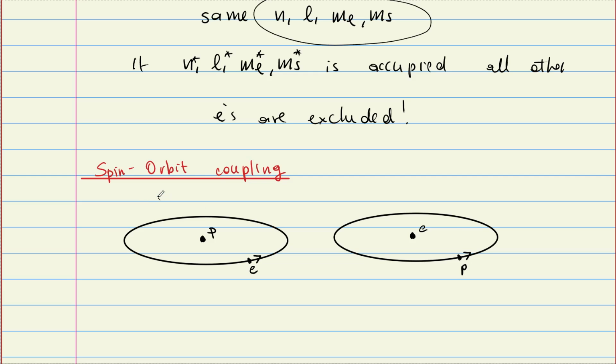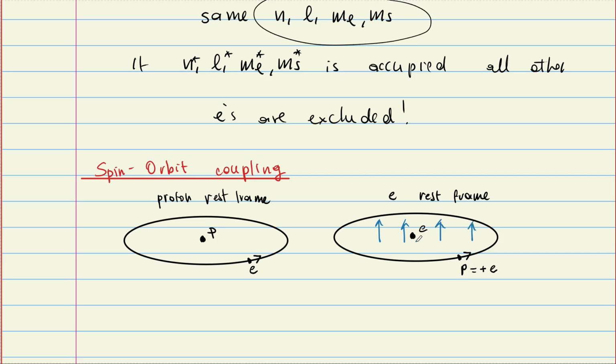So this is the proton rest frame, and this is the electron's rest frame. But in this picture, the proton has a plus charge, and if a charge is rotating in a loop, it is going to give rise to currents, and if there is a current, there is going to be a magnetic field.